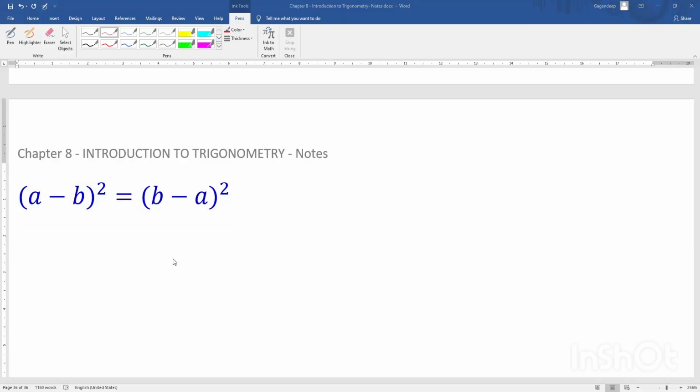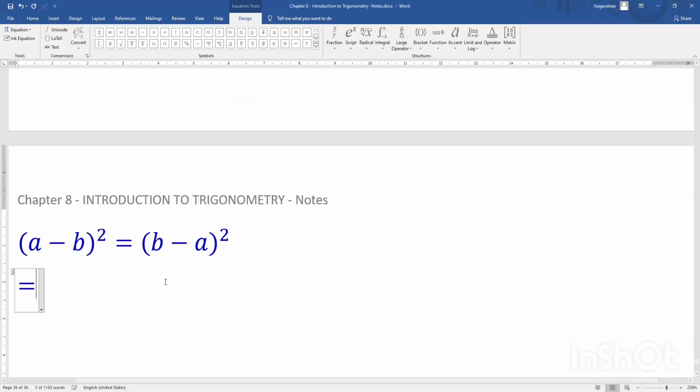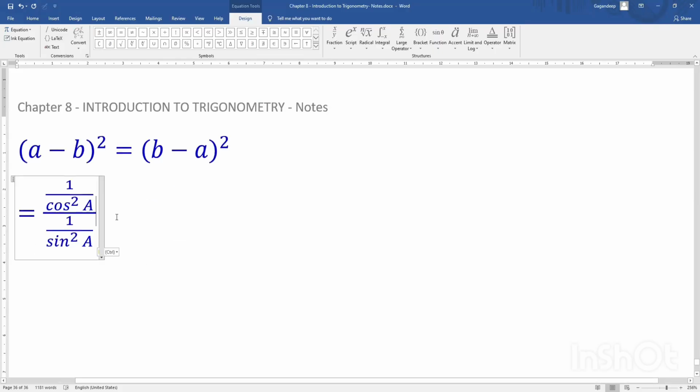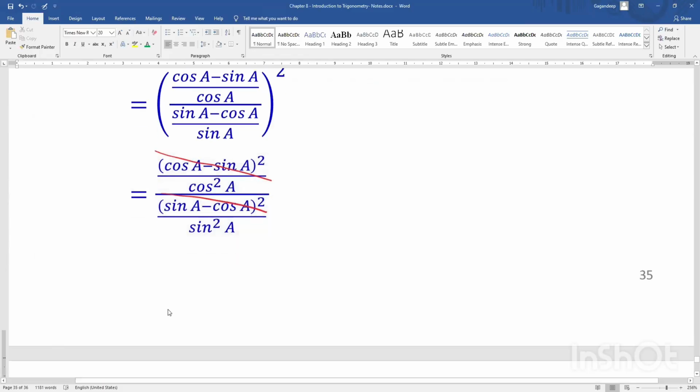Next, in the numerator we get 1 by cos square A, and in the denominator 1 by sine square A. So we get 1 by cos square A divided by 1 by sine square A. This 1 and 1 are a result of the cancellation.